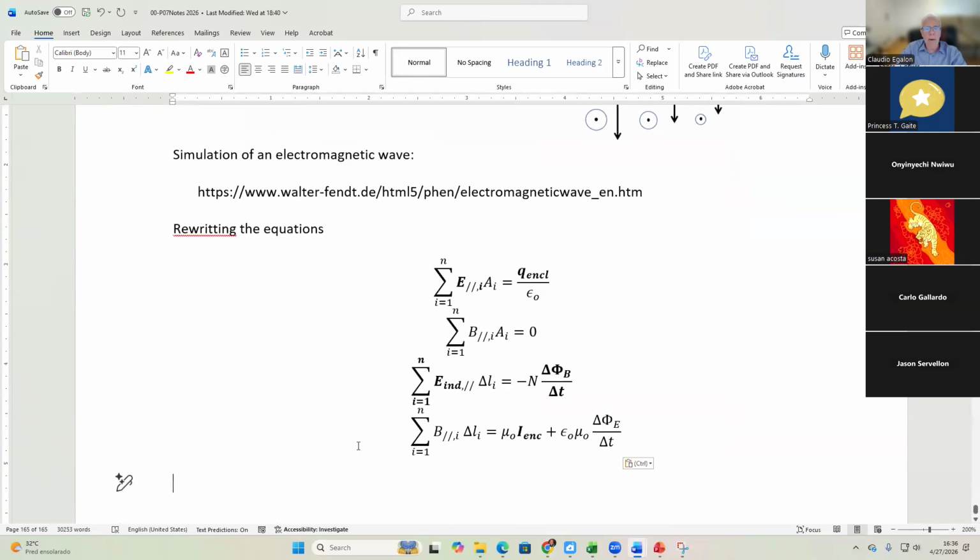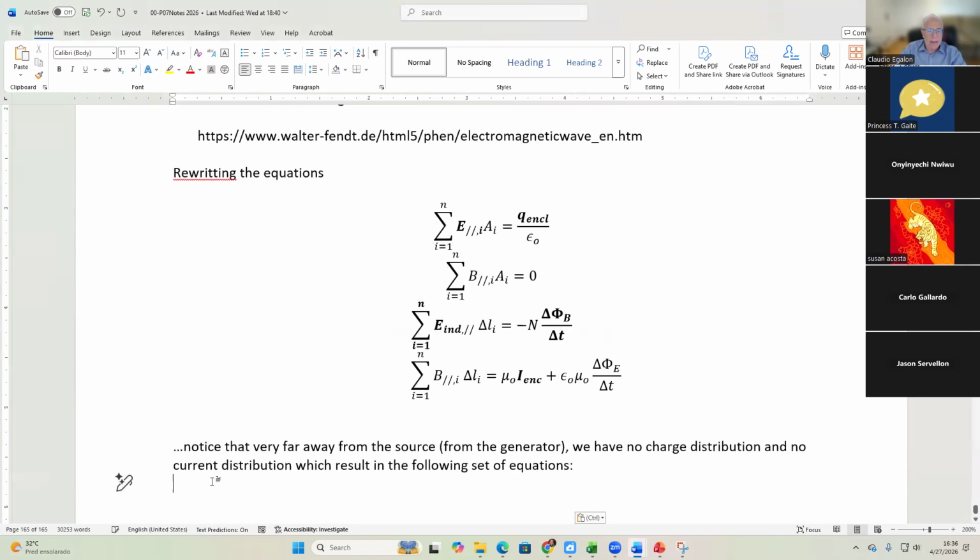Here you go. And the way we do it is like that. We write the equations. We realize that very far away from the source, from the generator, we have no charge distribution and no current distribution, which results in the following set of equations.